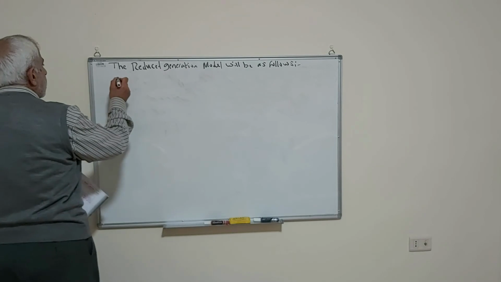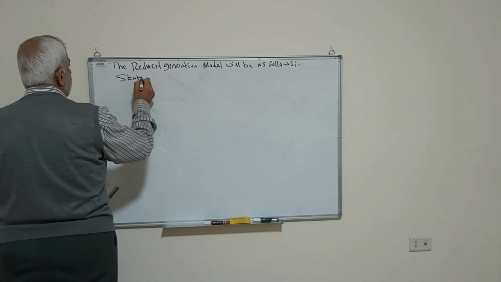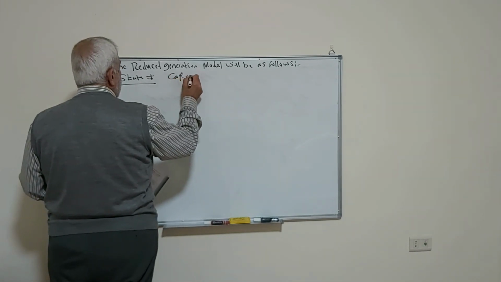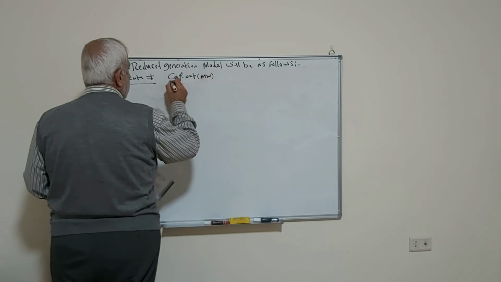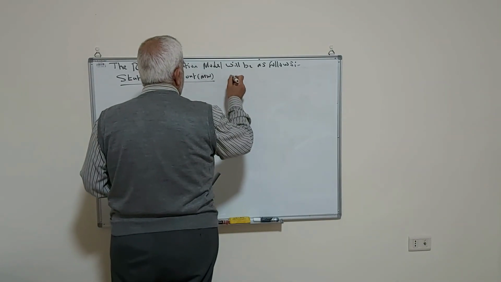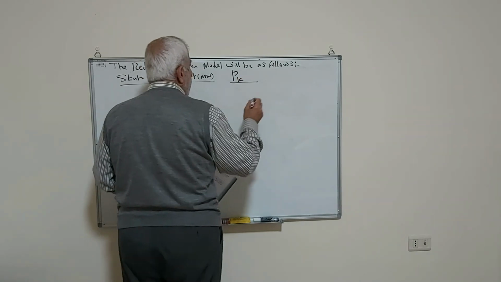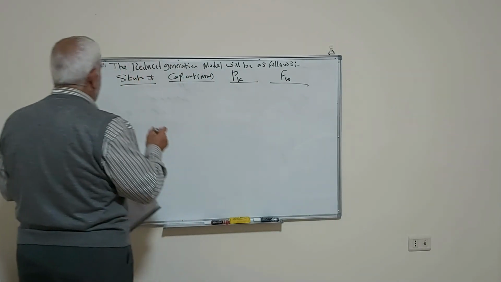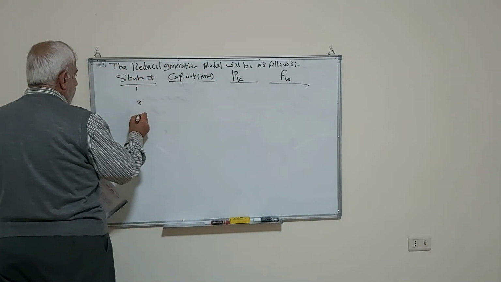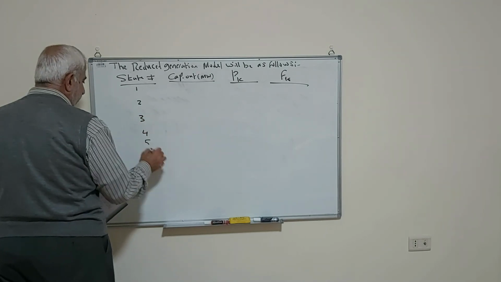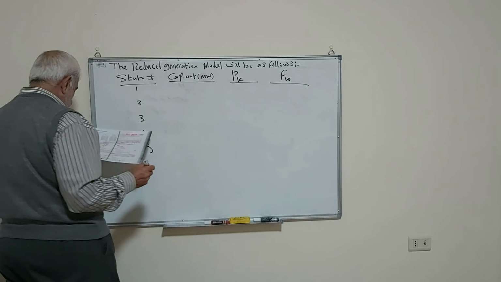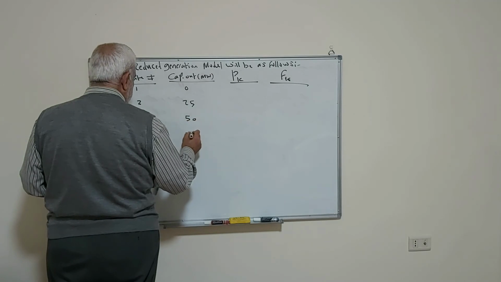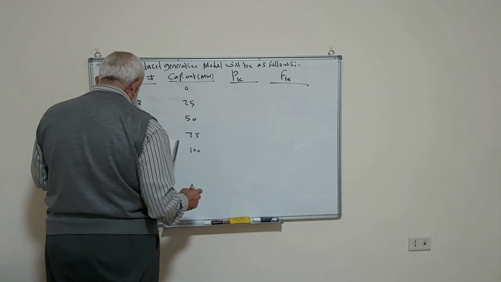Here we have the state number, the capacity out in megawatt, the probability Pk, and the frequency Fk. So we have states 1, 2, 3, 4, 5, with 0, 25, 50, 75, and 100.